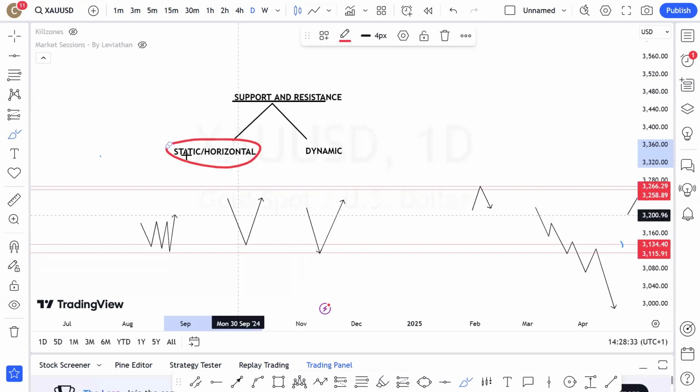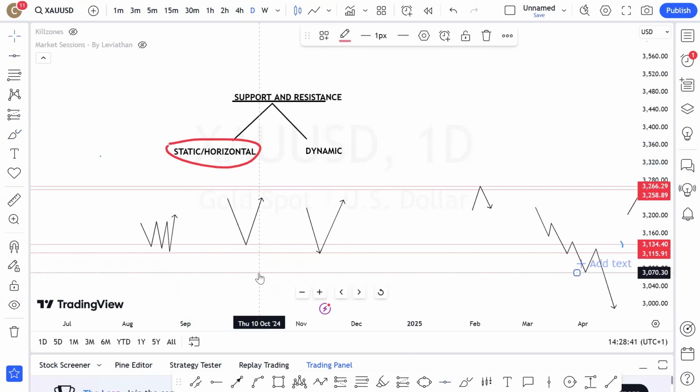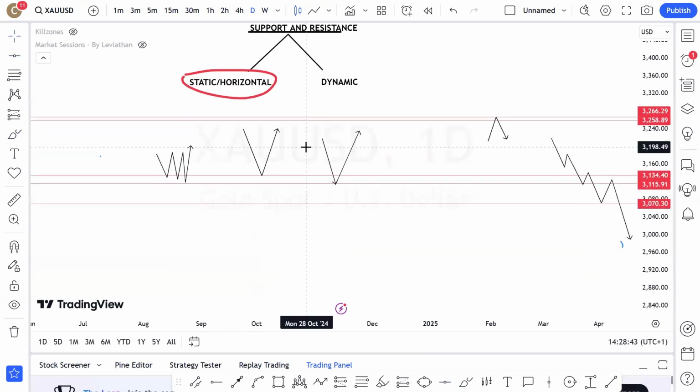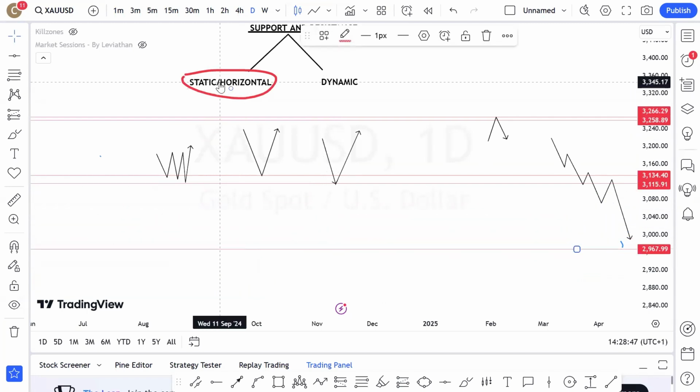That's how you get these support and resistance zones. Now, there's another type of support and resistance that is equally horizontal and static, and that is called psychological levels. Okay? Psychological levels, these swing points are all under static and horizontal support and resistance.